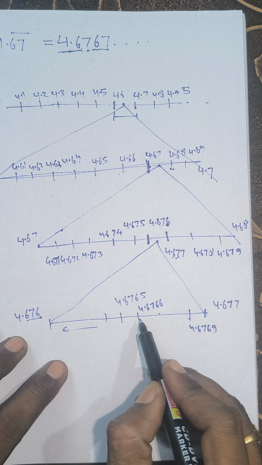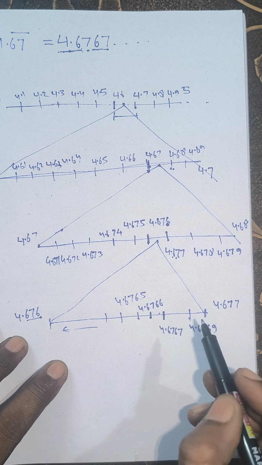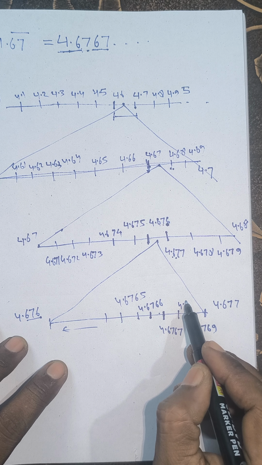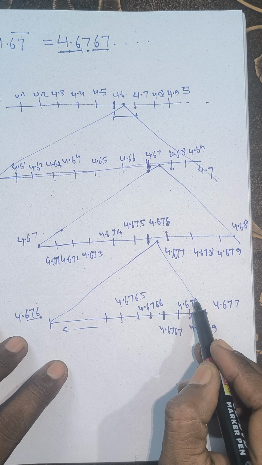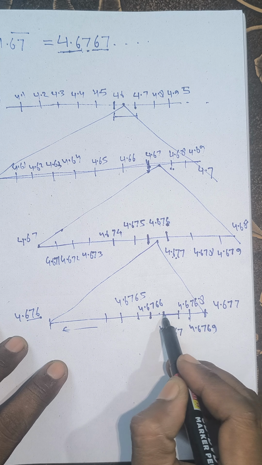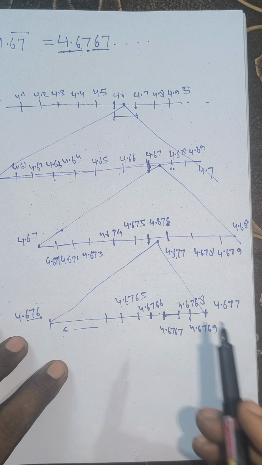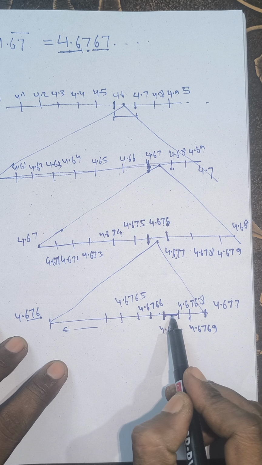This is 5, this is 6, right? Here is 4.6767, this point, and we will have 4.6768. So that number will lie here.